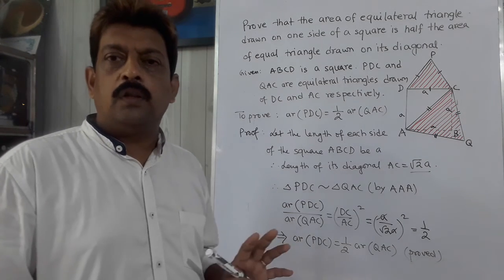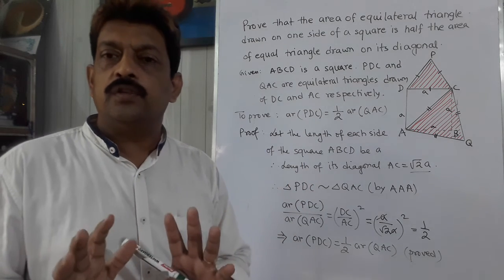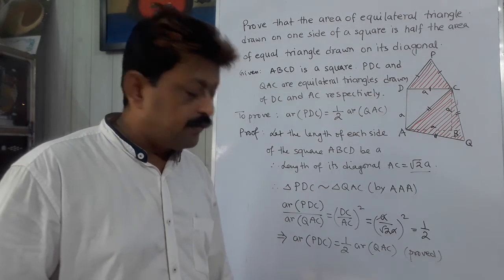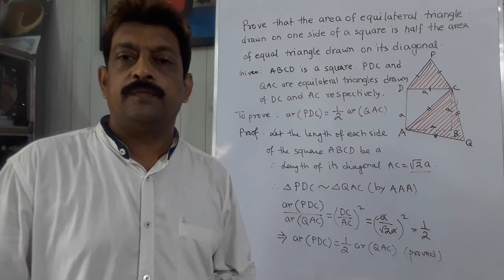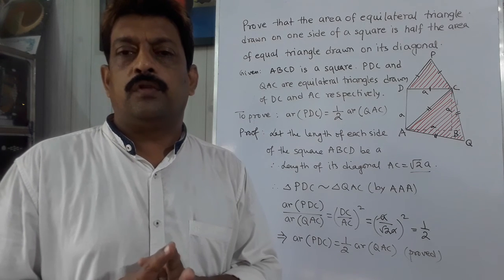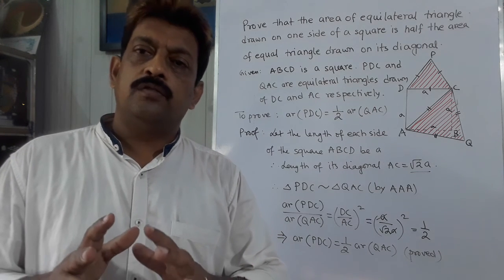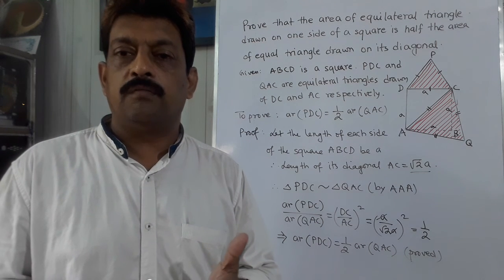So that's all for today. Hope all the sums which were solved today, you have understood very well, and I am confident that if the next time these sums are given to you, you can easily solve them. The next thing you have to do is practice more sums. Take books from other sources.